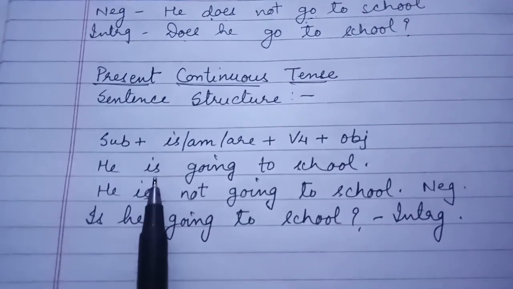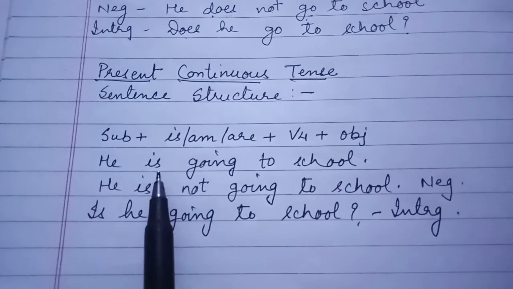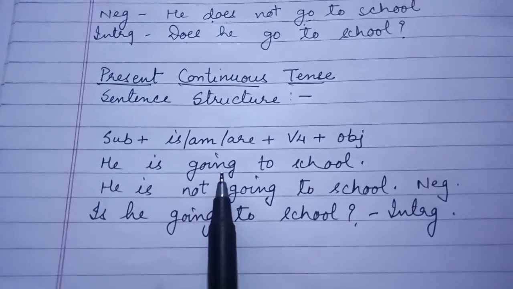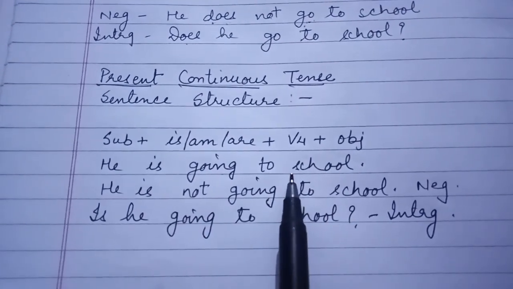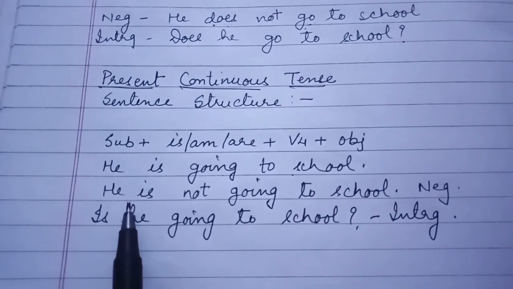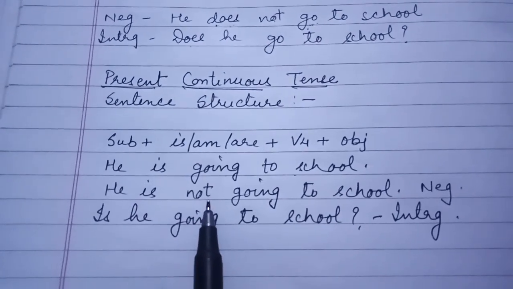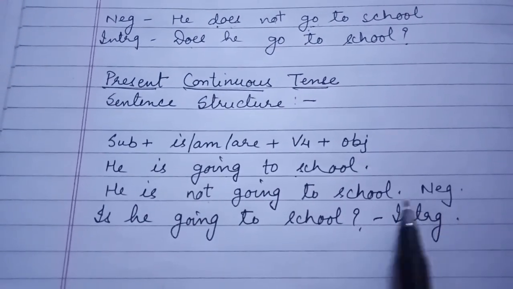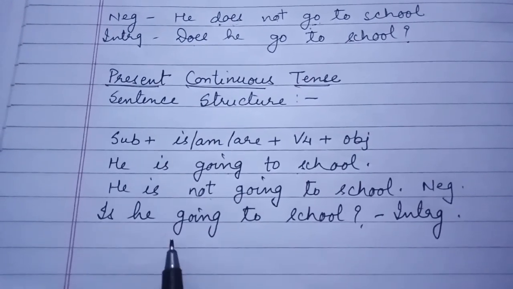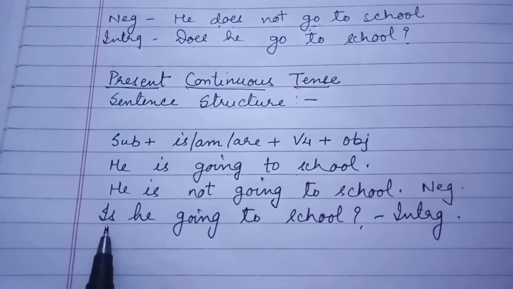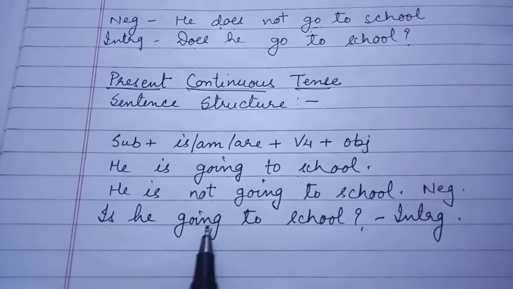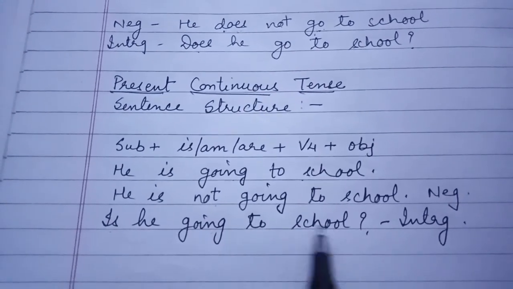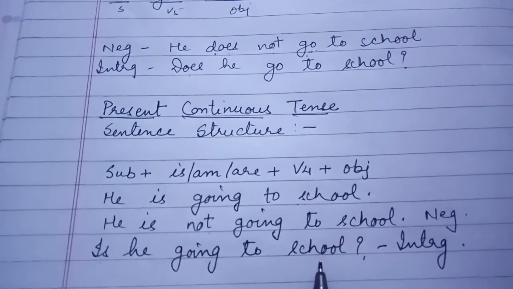He is the subject, is going is the helping verb plus main verb, to school is the object. In negative, you simply have to add not. The rest will be the same. And in interrogative, as you know, the verb will come first, then the subject, then the main verb and the object. Nothing else will change in negative and interrogative.